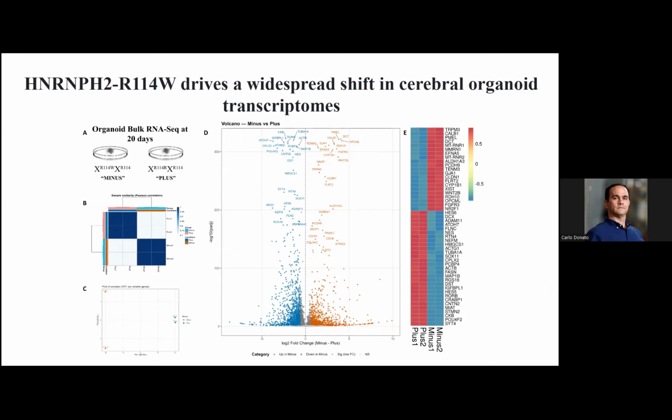And the broad spread of significant points in the volcano indicates that the genotype effect is widespread at the gene expression level, rather than just driven by a few outliers. And this separation encourages us to examine some specific RNA layers in more detail.